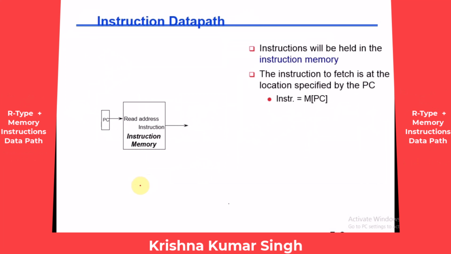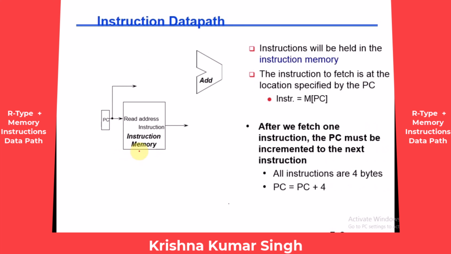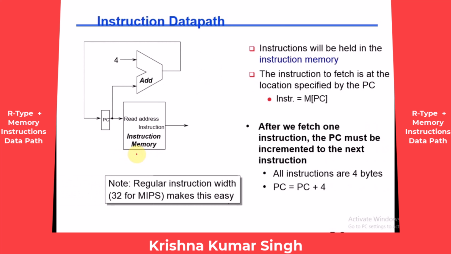So let's see some more detail about the datapath. As you remember, we use the program counter to fetch the next instruction from the instruction memory. And after we fetch one instruction, the program counter must be incremented to the next instruction.